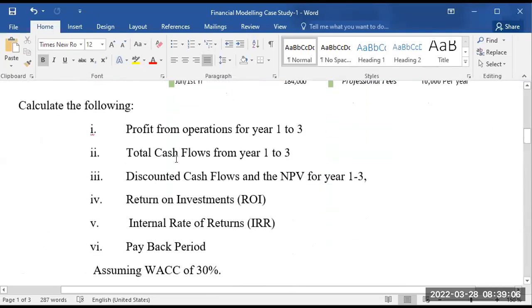That will be a lot of calculations and tabulations. And then the discounted cash flows and NPV for year 1 to 3, return on investment, internal rate of return, payback period, assuming a rate of 30%.